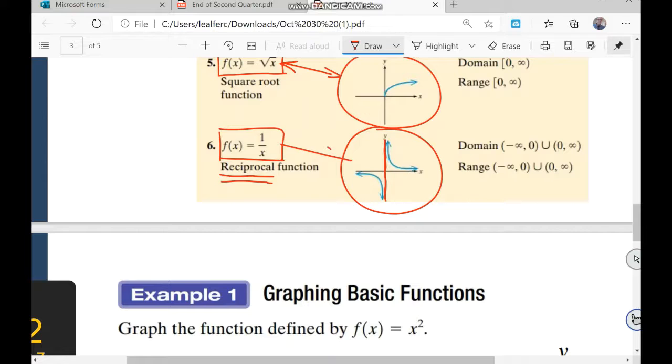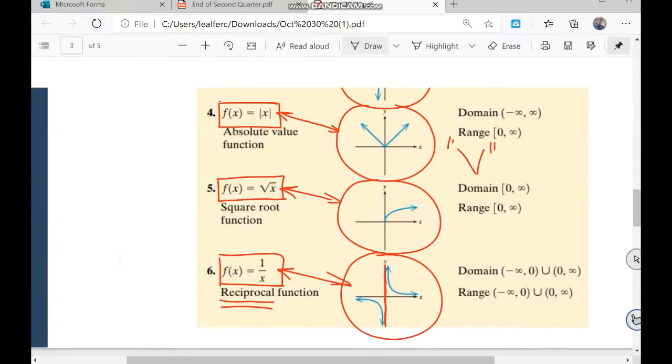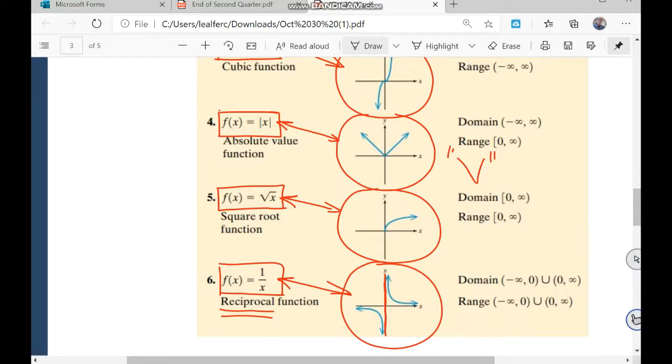When we talk about reciprocal function, remember this basic graph. Okay, we will work on the quiz now, and when we work on matching graphs, we will be back to this table to remember the basic shapes of each function. So let's work on the quiz.